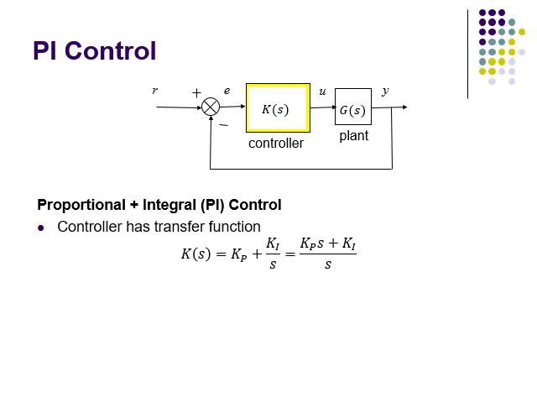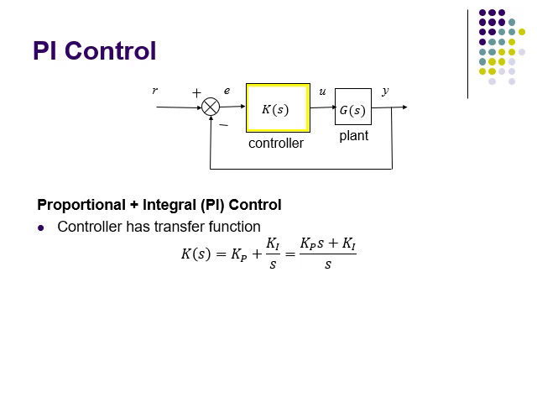So for PI control or PI controller, the transfer function of the controller combines two terms. So as you can see, the transfer function has a term Kp, it's the same as before, so Kp is the proportional term, but now we add another term which is Ki over S. So this is called the integral term.